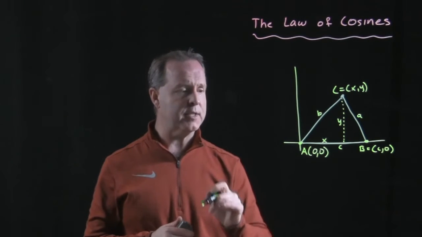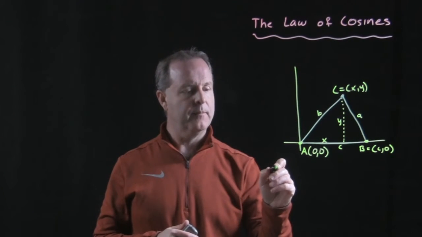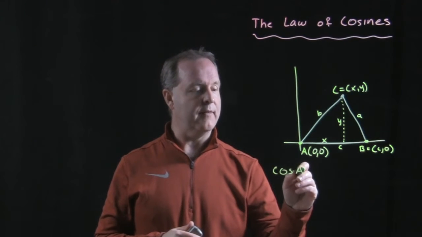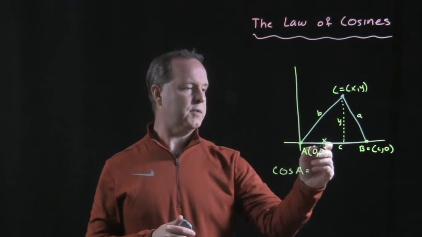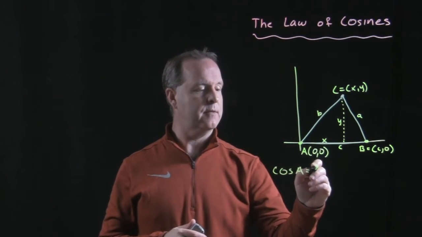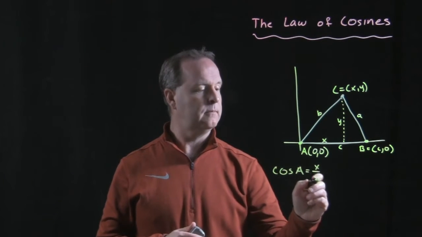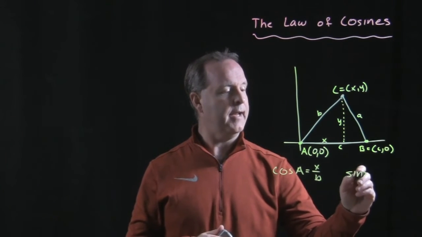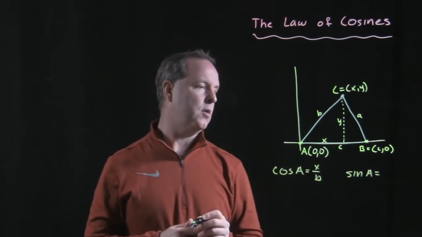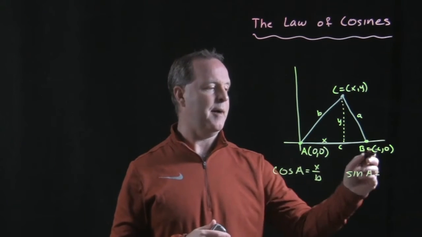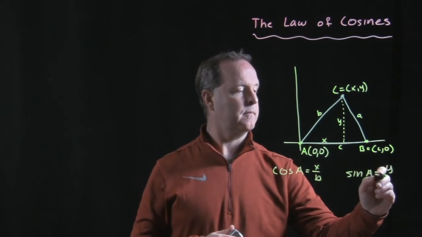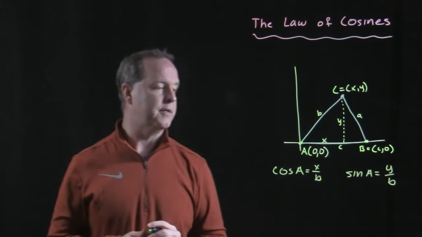A couple of observations beforehand. I can take the cosine of A, which equals adjacent over hypotenuse, which is x over B. And then the sine of A equals the opposite over the hypotenuse.